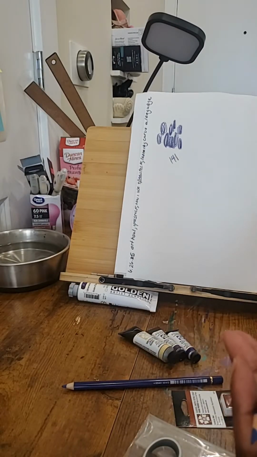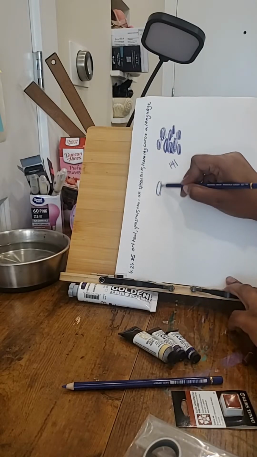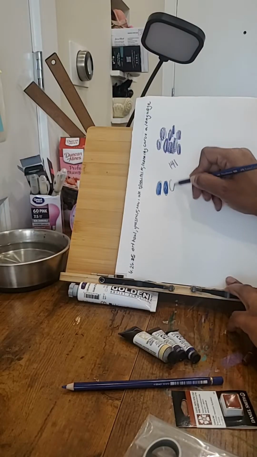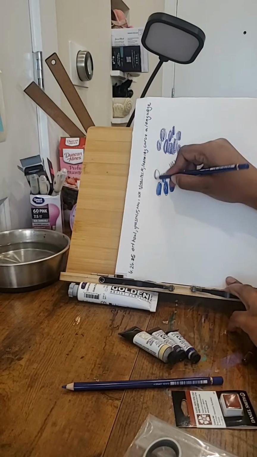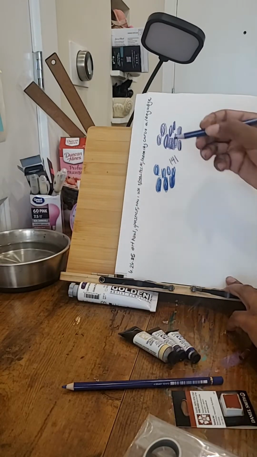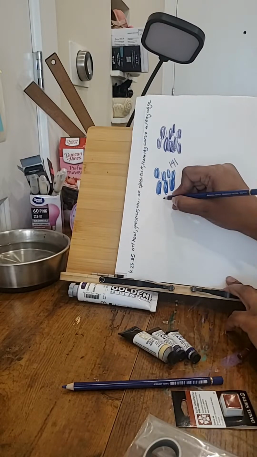This next one is Helio Blue Reddish. That's a really pretty blue. Very muted color. Helio Blue Reddish, and that's 151.